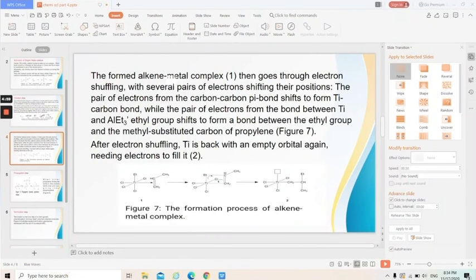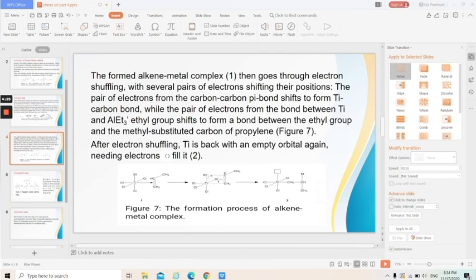The formed alkene-metal complex then goes through electron shuffling, with several pairs of electrons shifting their positions. The electron pair from the carbon-carbon pi bond shifts to form a titanium-carbon bond, while the electron pair from the bond between titanium and the ethyl group of triethylaluminum shifts to form a bond between the ethyl group and the methyl-substituted carbon of propylene, as shown in Figure 7.